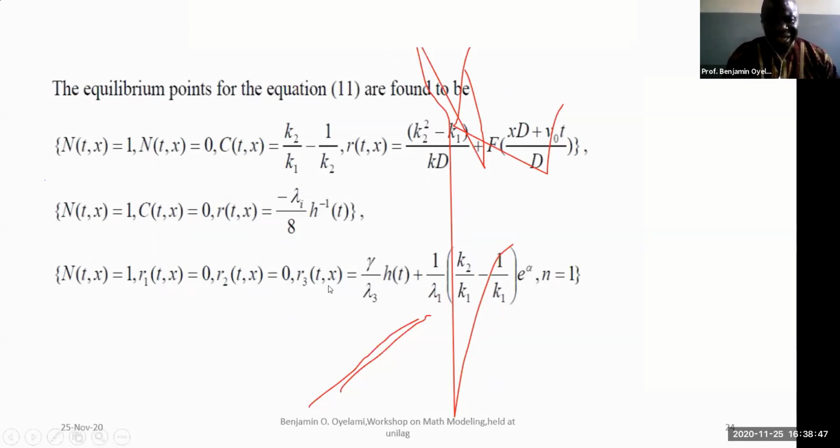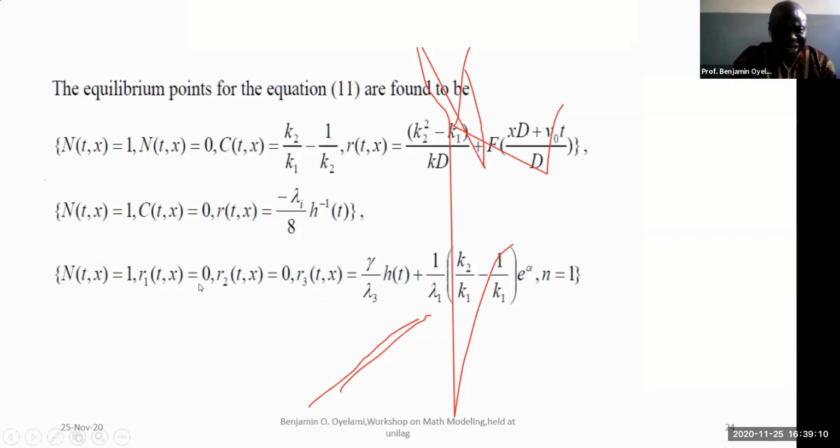So that is the equilibrium point for this immune system. It depends on the drugs that you use, and it depends on all the parameters that come from the oxygen and all those things. So you have to think of how they are able to maintain the equilibrium level of the immune system and all those sort of things.